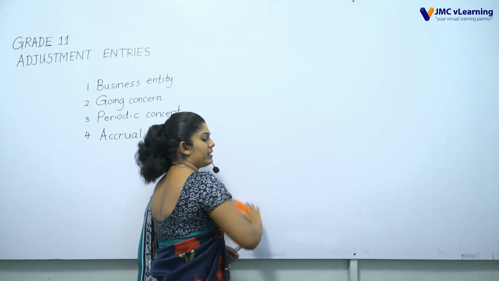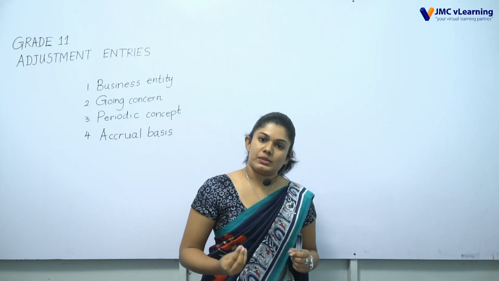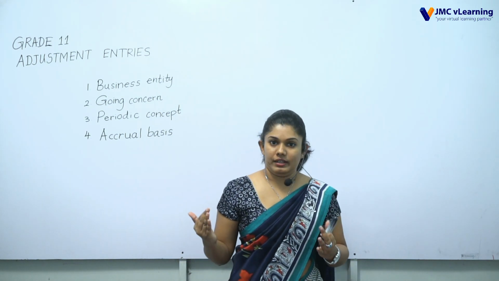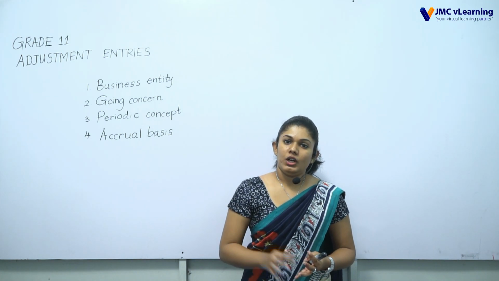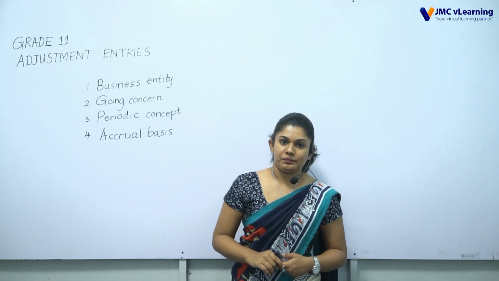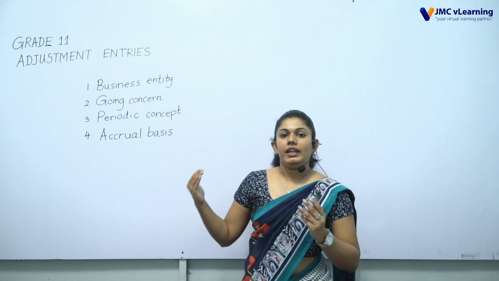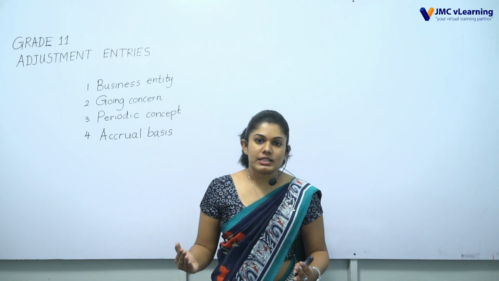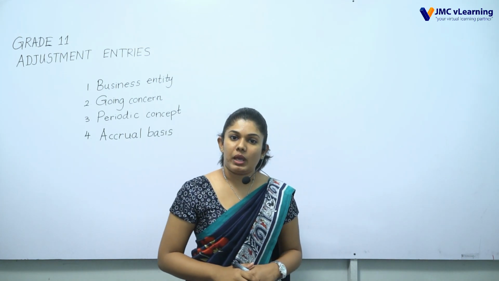Accrual basis says we have to record all the income and expenses that took place during a certain period, most probably the accounting year, without considering the cash payment or receipt. Simply like this, if we have income and expenses during a year, we have to record it irrespective of cash receipt and payment.